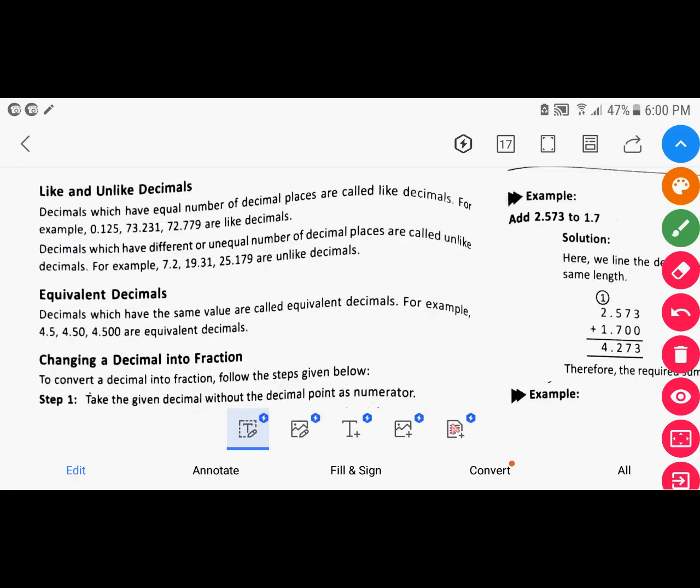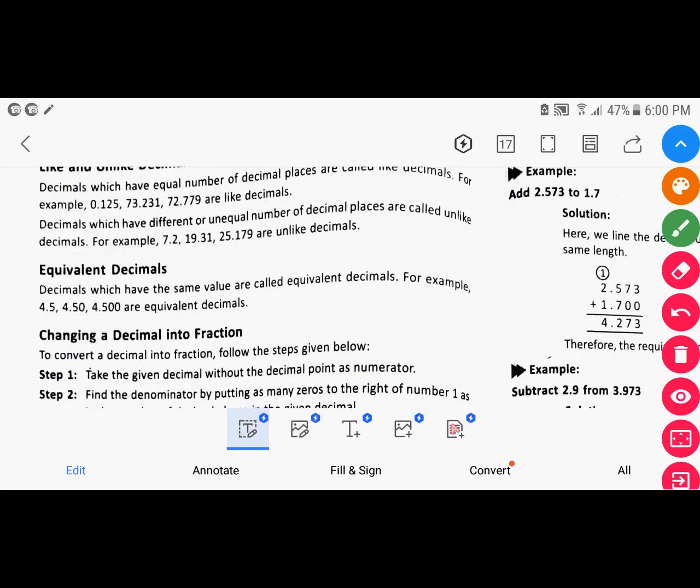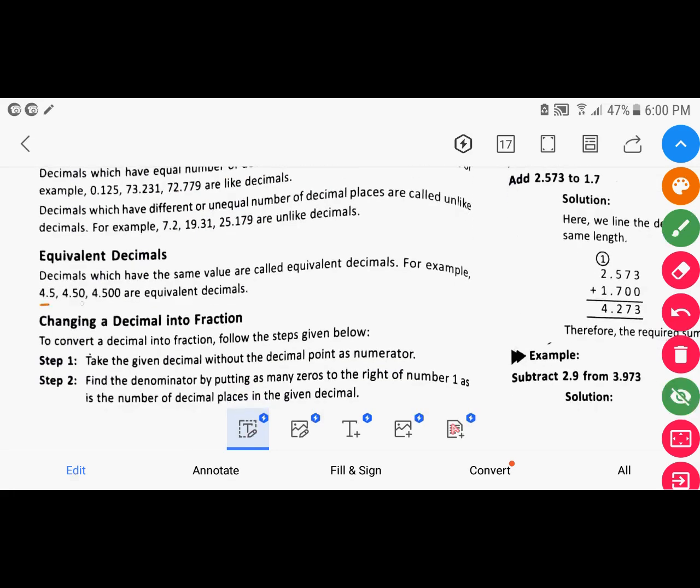Equivalent decimals have the same value, like 4.5, 4.50 is also known as 4.5, 4.500 is also known as 4.5, because the 0 at the right side of the decimal point has no value. So all these have the same value, so they are equivalent.